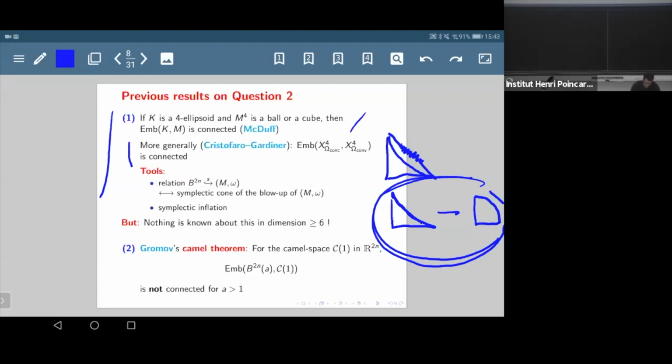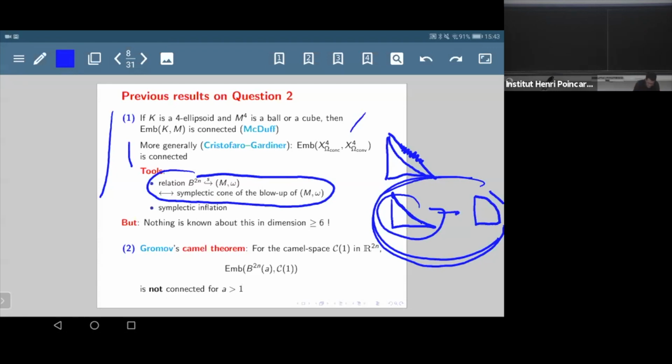I'll come to it. So the tools here are, first, of such a thing you can think of a collection of balls. Embeddings of balls in all dimensions are strongly related to surgery, to blow up. And blow up is really related to balls, not to something like cubes.